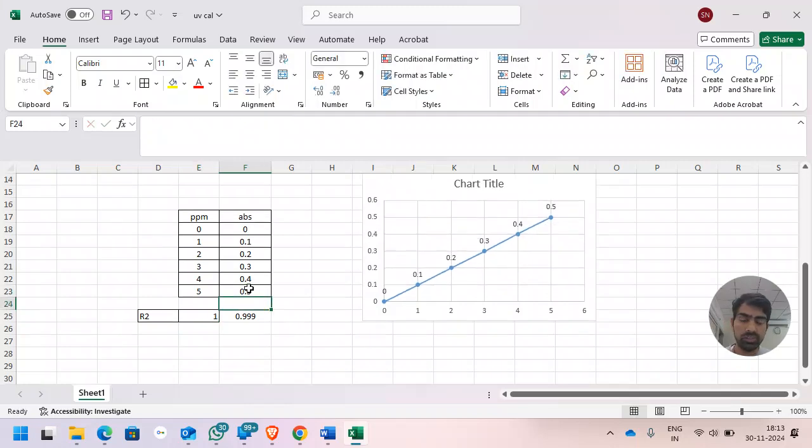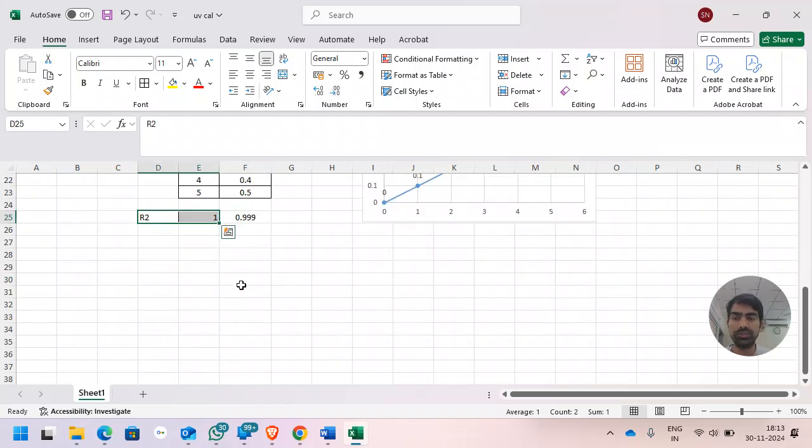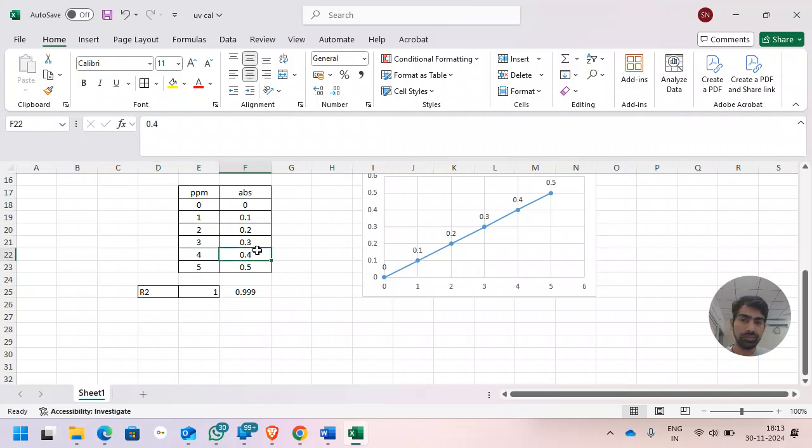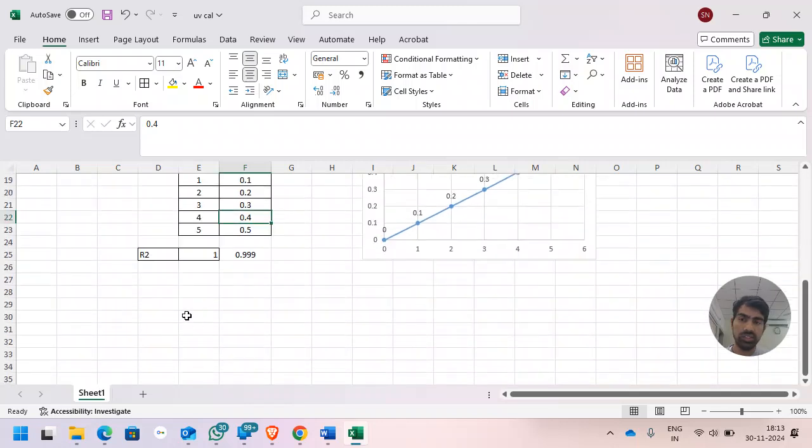When you prepare standards, making them very accurately is important. So you got this. Okay, you run the standards and then you run some unknown sample. Okay, run some unknown.